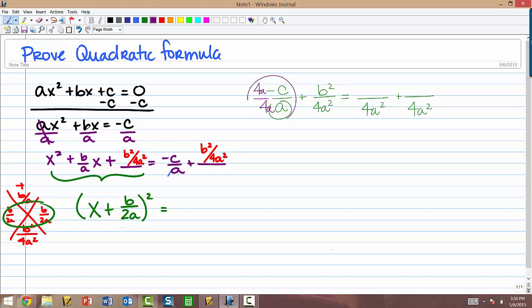So on the top of this fraction, I end up with negative 4ac. And this one I don't need to do anything with because it has that denominator in there. But once I've made a common denominator, I can combine negative 4ac plus b squared, and it's all over 4a squared. So that's what this equals down here.